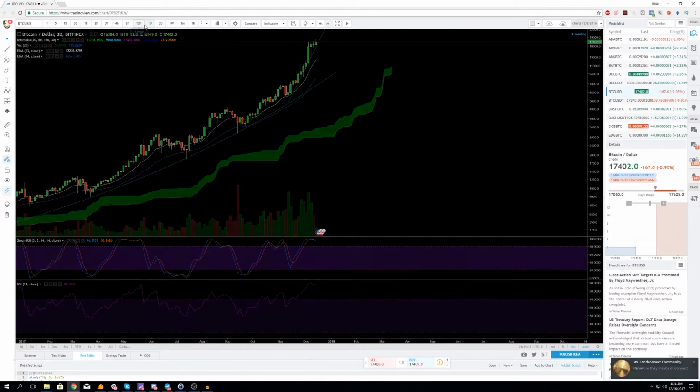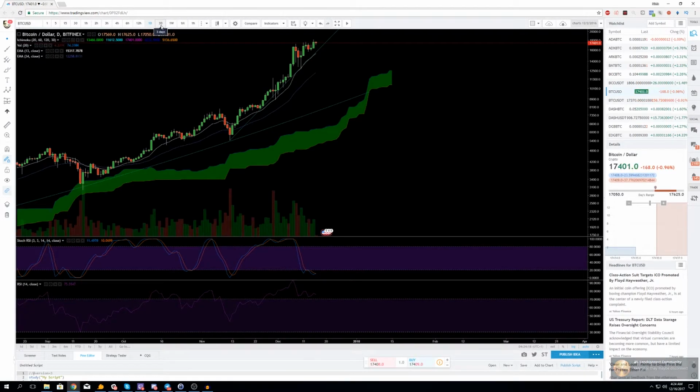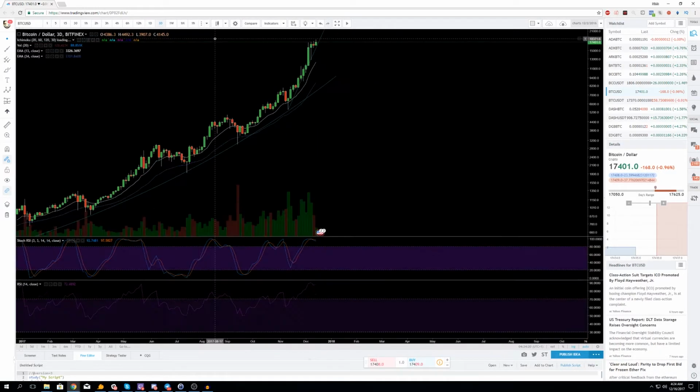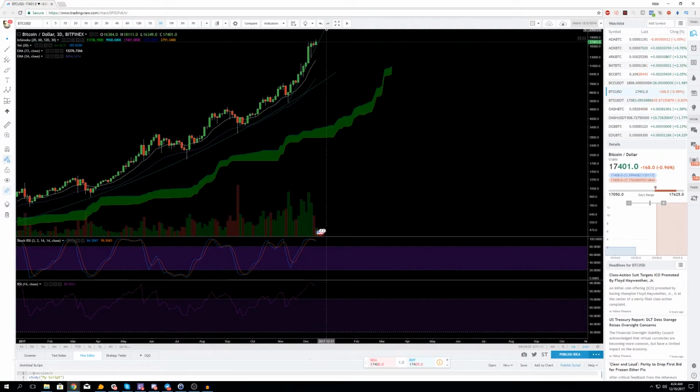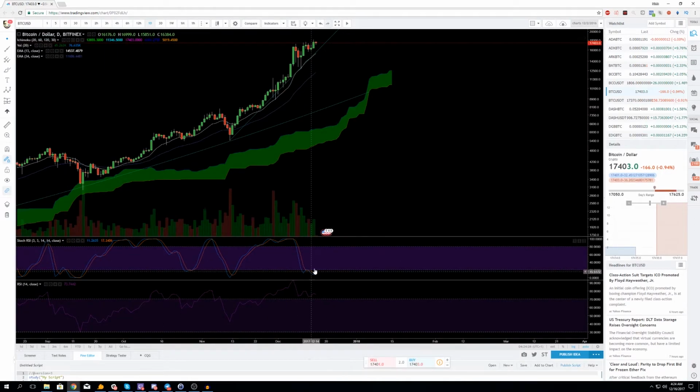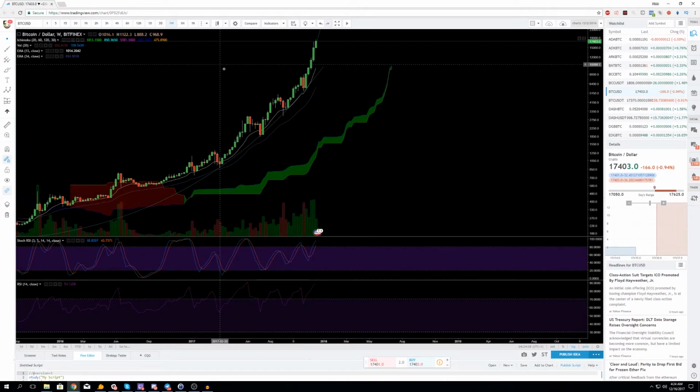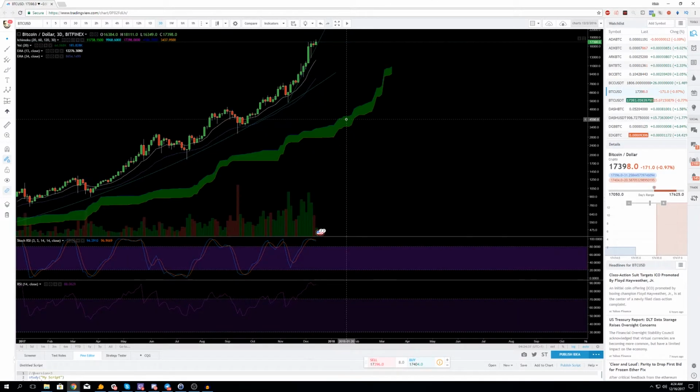But every candle is 3 days on this one, right? So it could take a while before we actually go down. Whereas the 1 day is up, 1 week is still up. It's bending a little bit, but it's definitely to the upside. It's looking very good for Bitcoin, guys. Don't let anyone tell you otherwise.